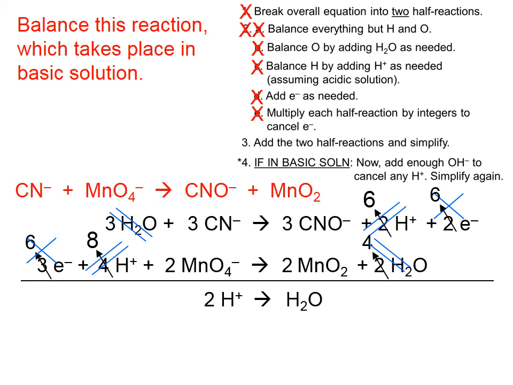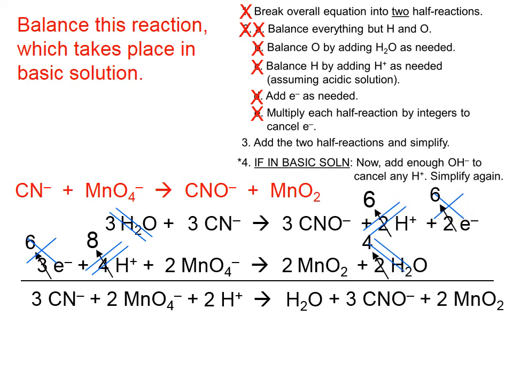That leaves us with a net of 2 on the reactant side. I don't think anything else cancels. There we have the 3 cyanides and the 2 permanganates, and on the product side 3 CNO- and 2 MnO2. That equation is balanced. You can check the atoms balance, the charge balances. That is the right answer if we were in acidic solution.